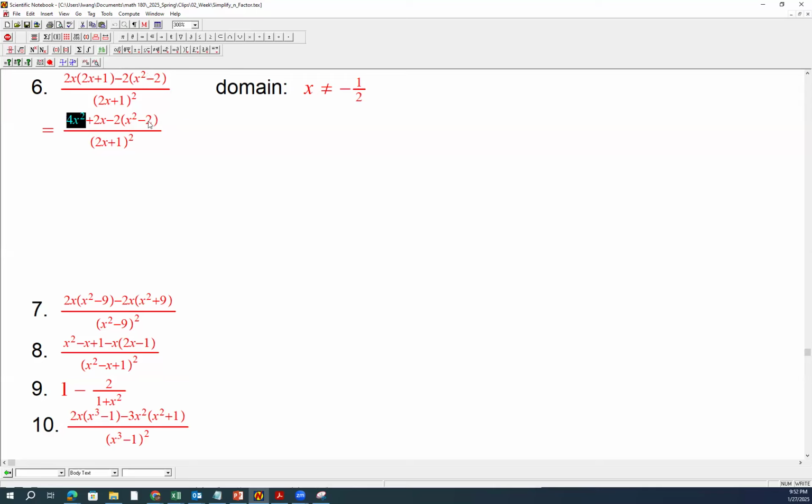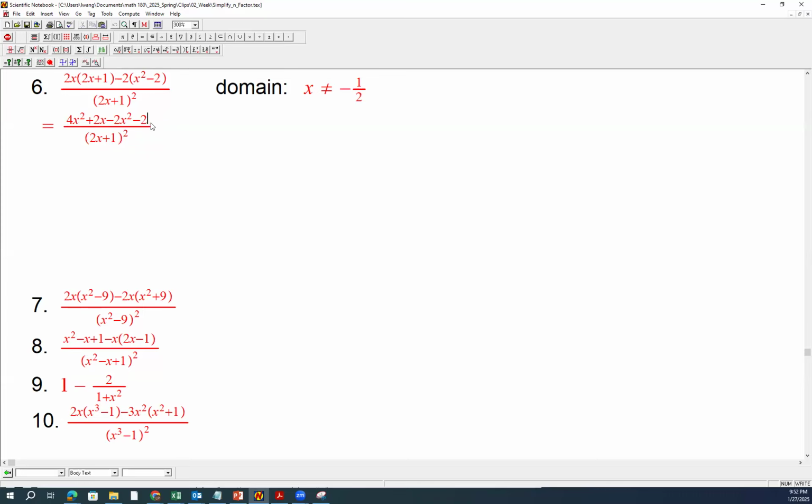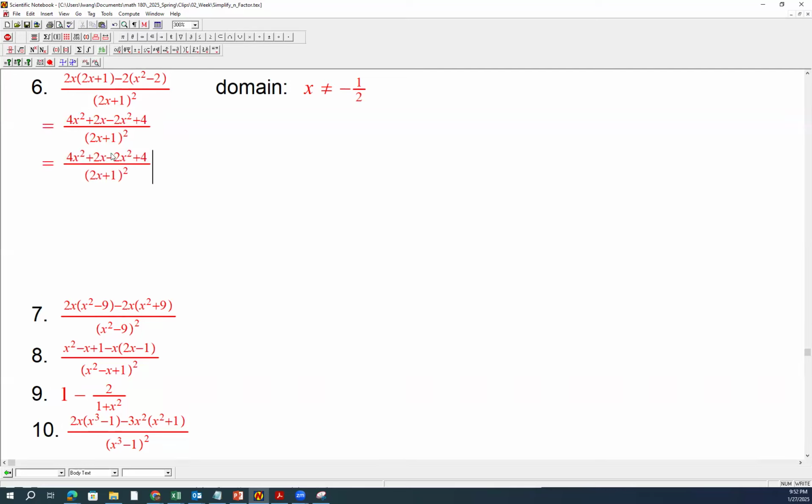And minus 2 times minus 2, that's positive 4, so plus 4. Okay, and next, negative 2x squared, positive 4x squared. So these two combined, we're going to get 2x squared plus 2x plus 4.